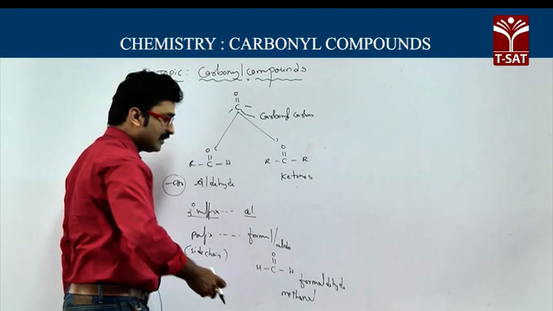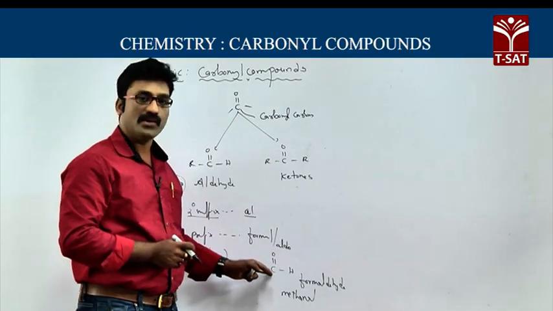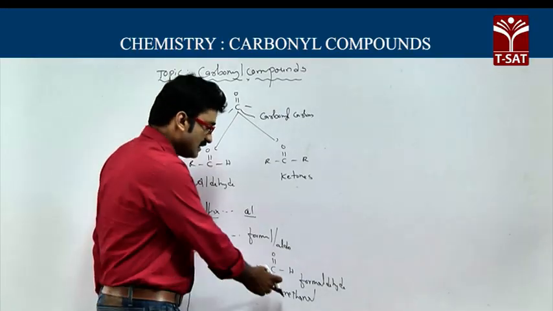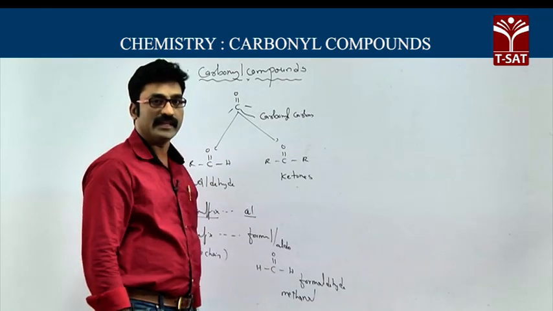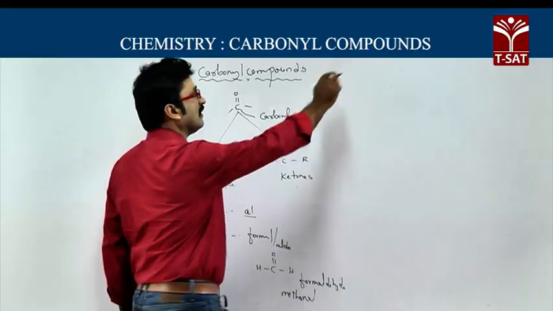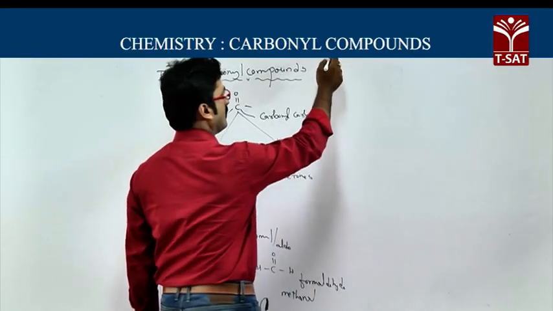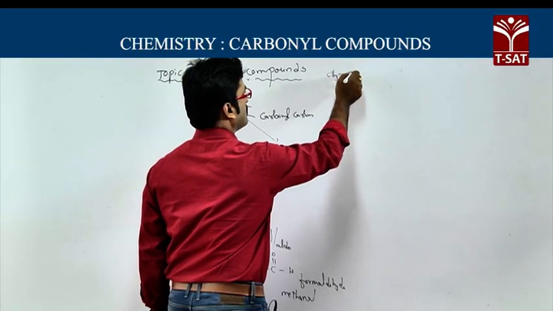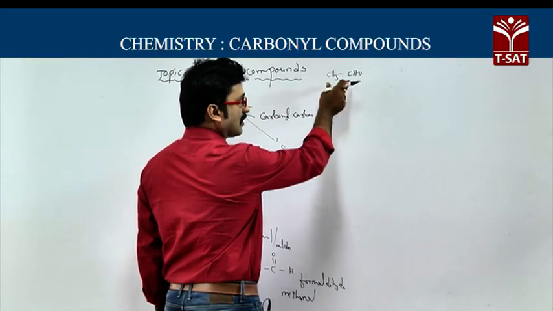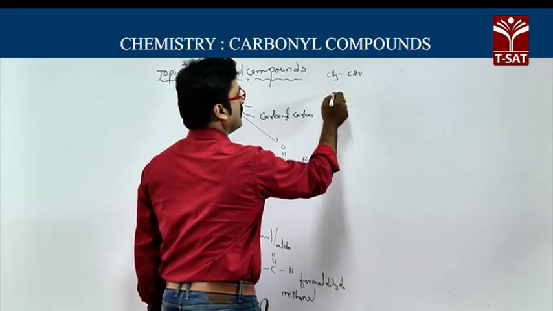Why have I written meth here? Because it has only one carbon. Methanal. Now we will take one more example. The next member of this aldehyde is CH3CHO. The common name of CH3CHO is acetaldehyde.